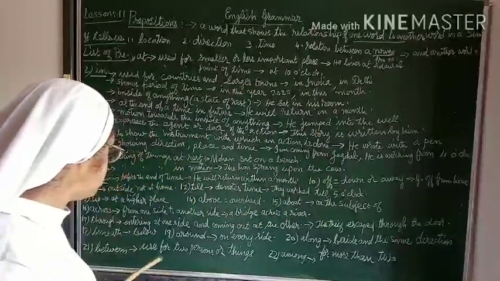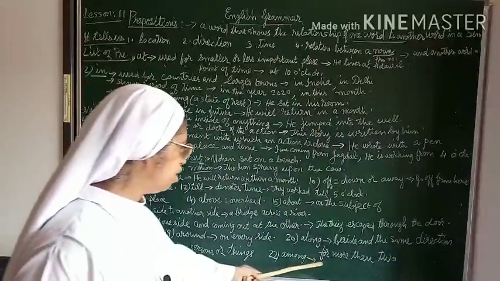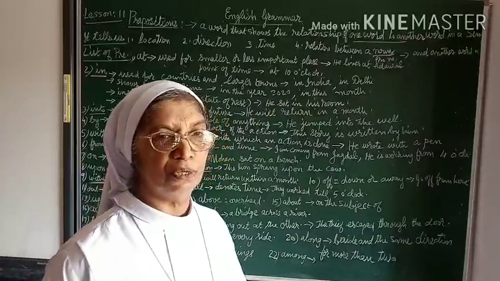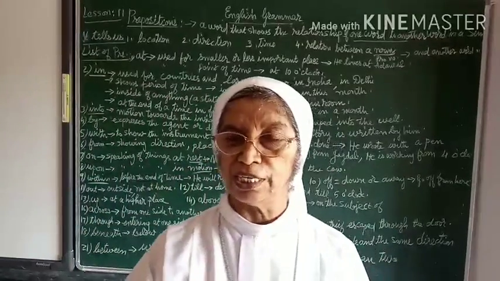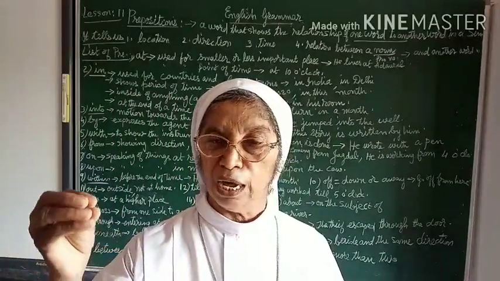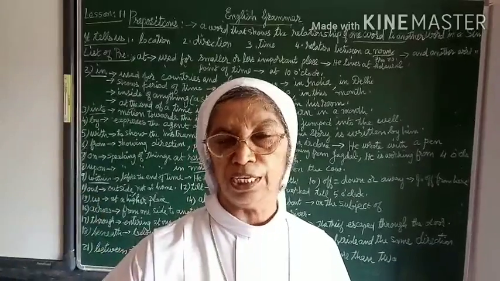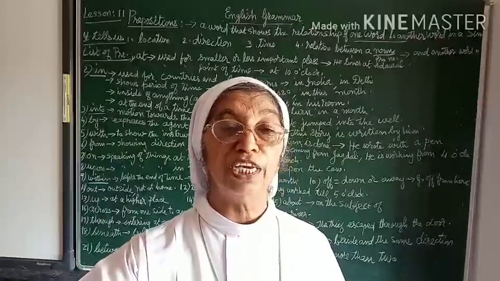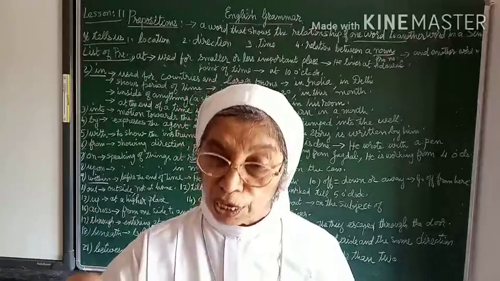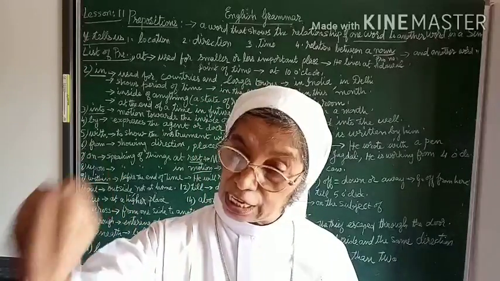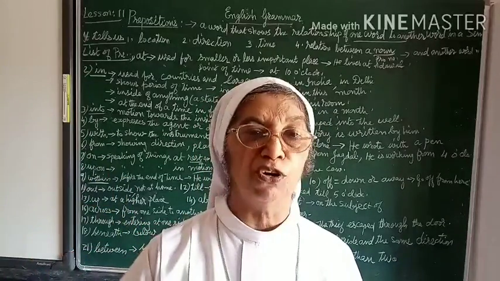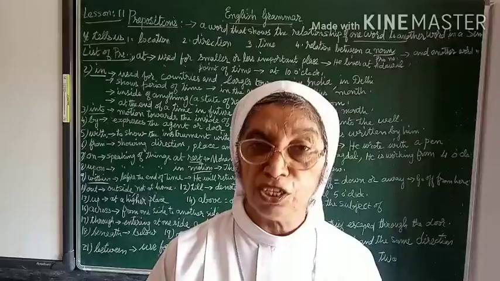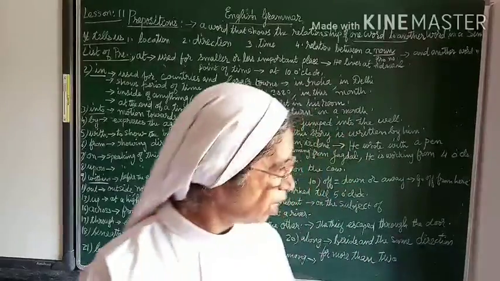On the other hand, among. Among is used for more than two. John is sitting among the boys in the class. Along with the boys he is there, but he is among, not between. Between means between two. Among means more than two.